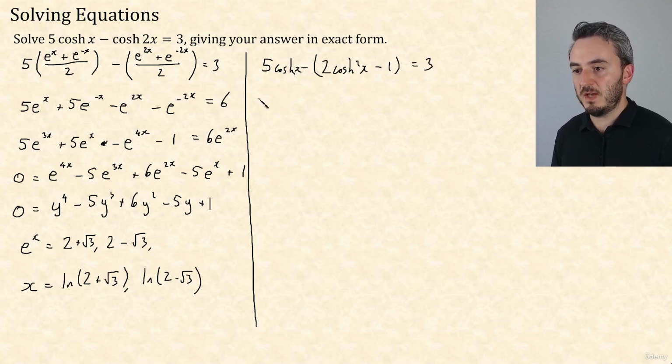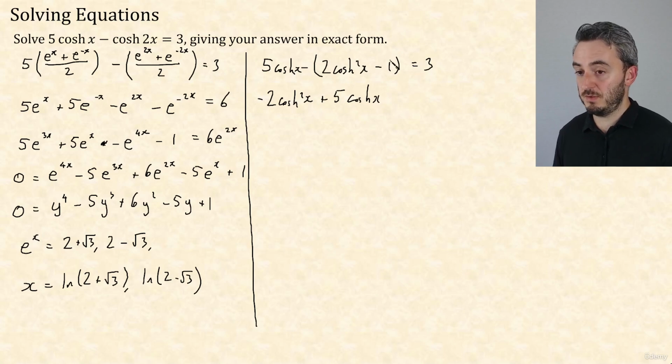So expanding, we have minus 2 cosh squared x plus 5 cosh x, minus minus, I've got plus 1, minus the 3, so minus 2. And look, there's a quadratic in cosh x which I can solve in one go.